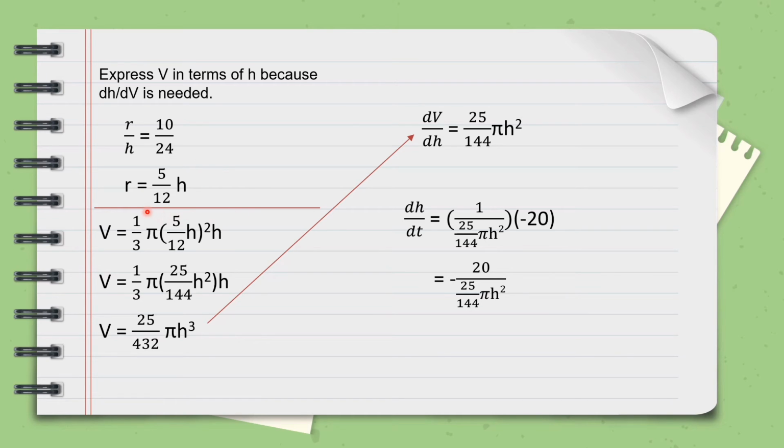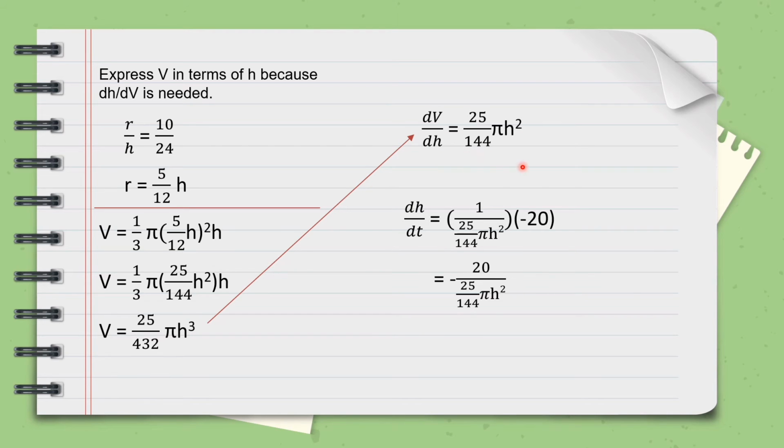Then we can substitute r in the volume equation with 5 over 12 h. After that, differentiate V with respect to h to get dV over dH.